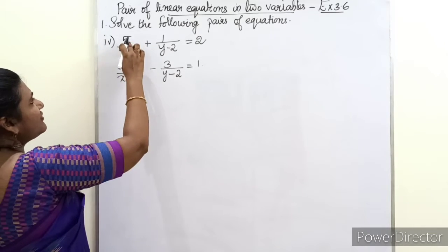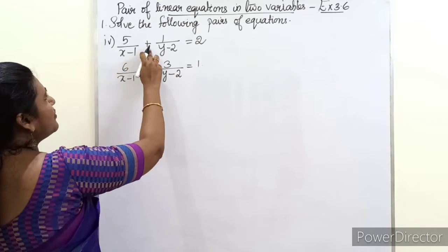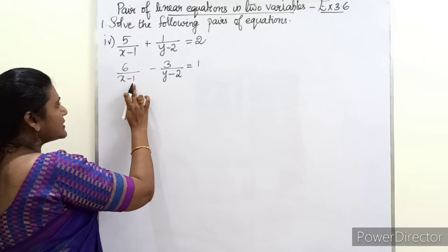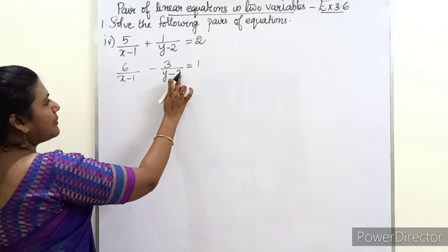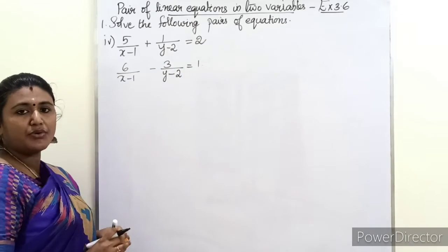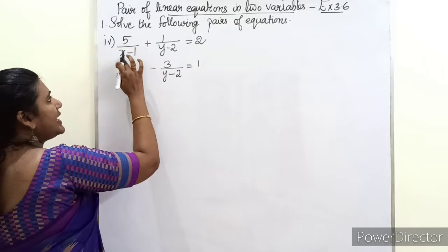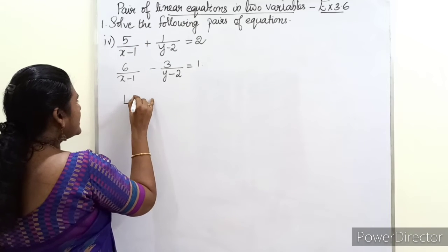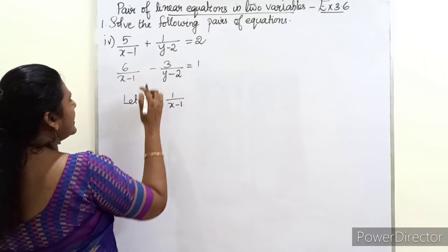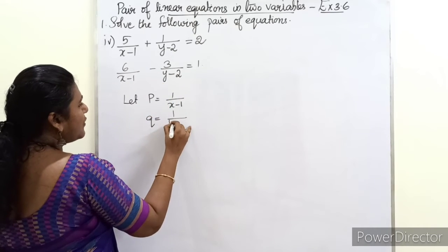Fourth question: 5 by x minus 1 plus 1 by y minus 2 is equal to 2, and 6 by x minus 1 minus 3 by y minus 2 is equal to 1. So here, for which expressions do we have to give substitution? Let p is equal to 1 by x minus 1 and q is equal to 1 by y minus 2.